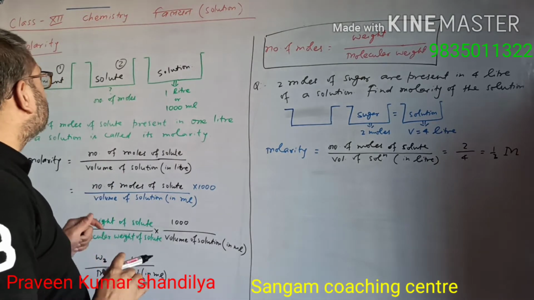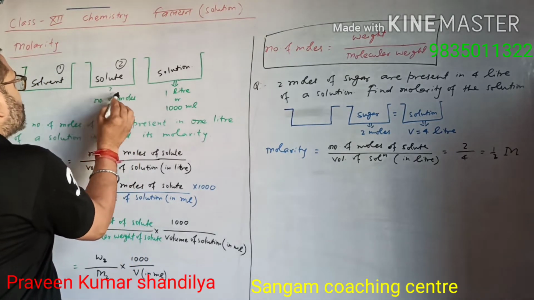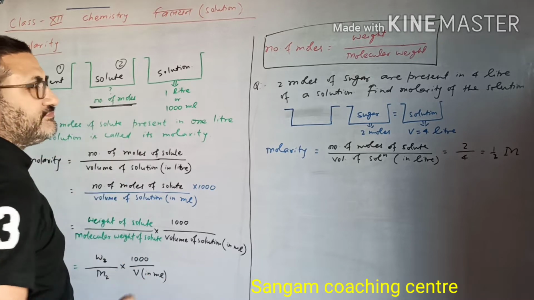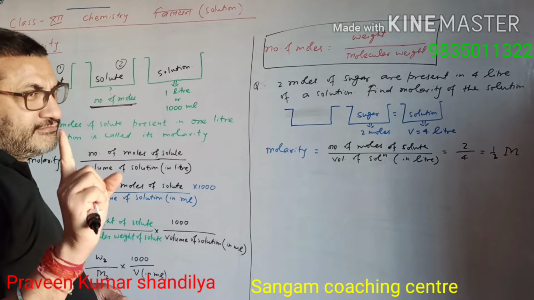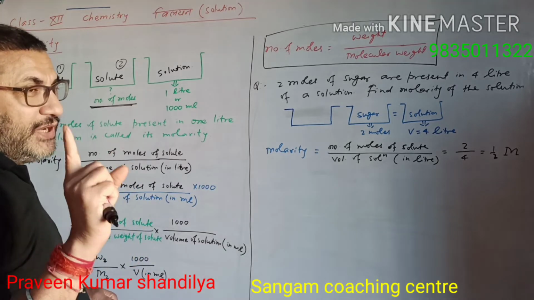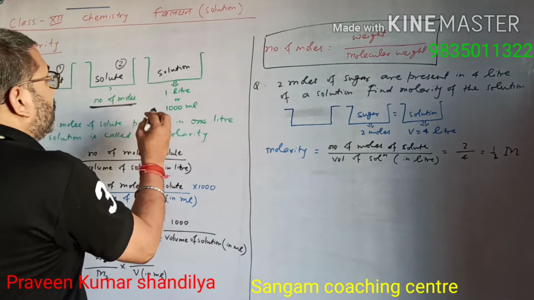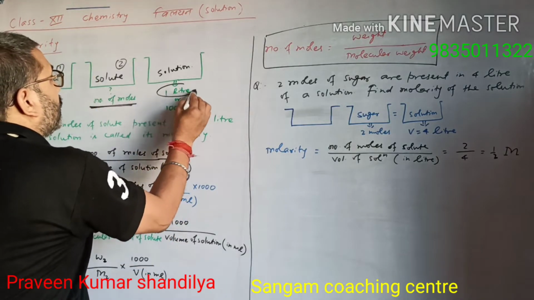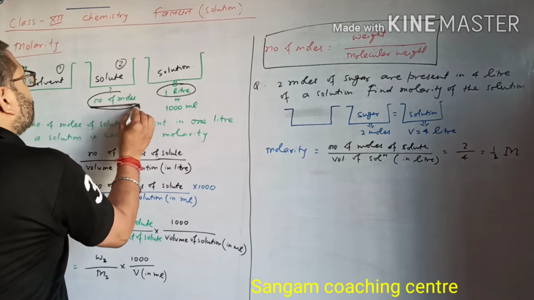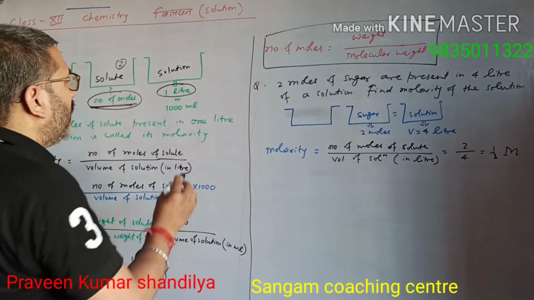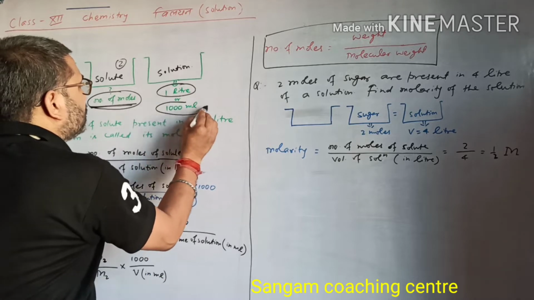I say number of moles. How many moles in 1 liter of solution? 1 liter means 1000 ml.